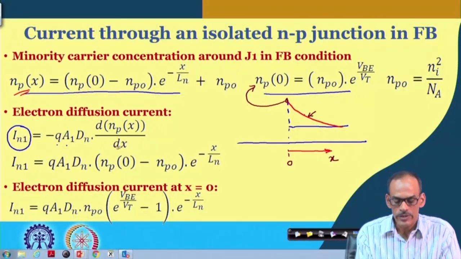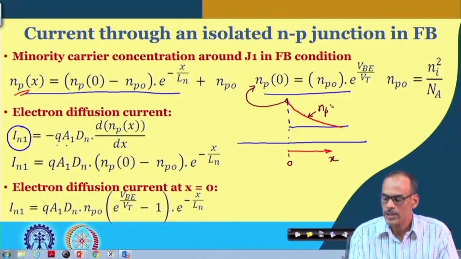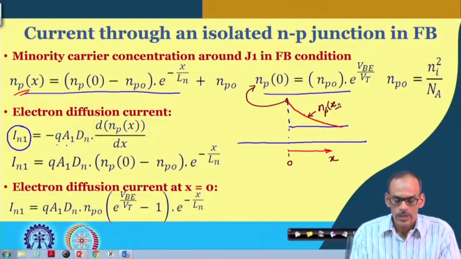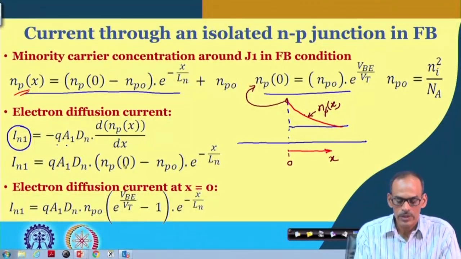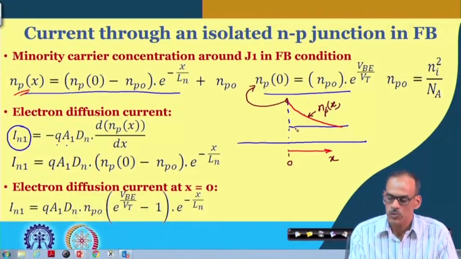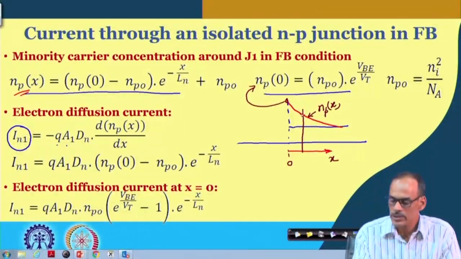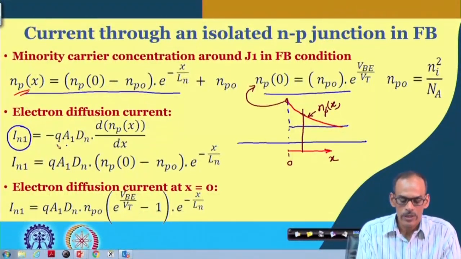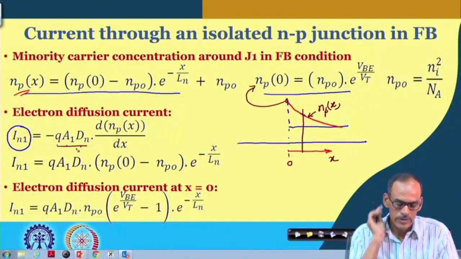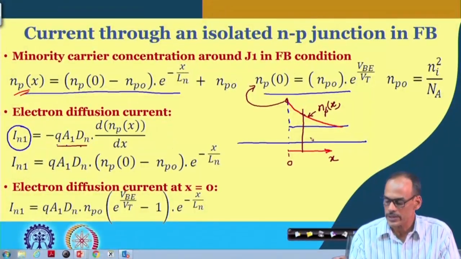Now, if at any point you take the gradient of this N p at any distance x, it gives us the rate at which the electrons are moving from left to right. So, if you take the gradient here and multiply by charge, cross sectional area, and the diffusion constant, you will find the net current carried by electrons.